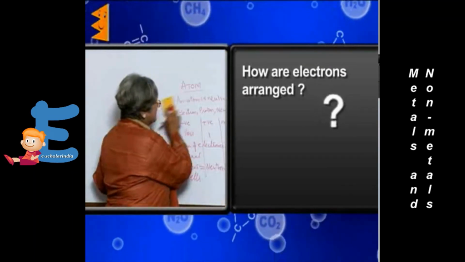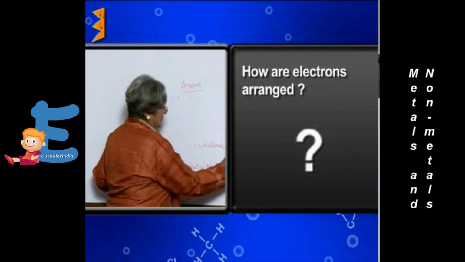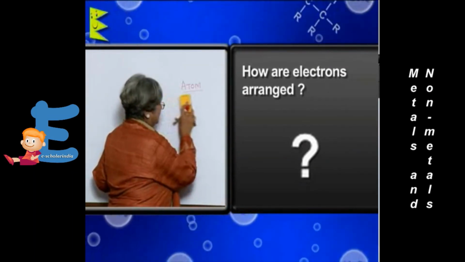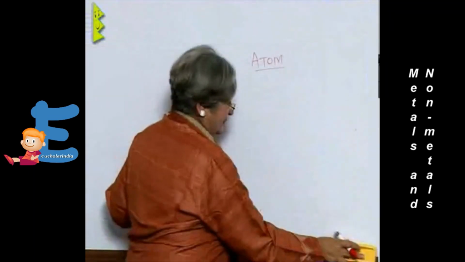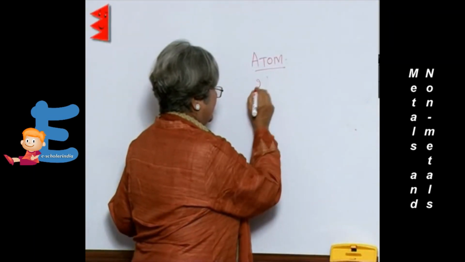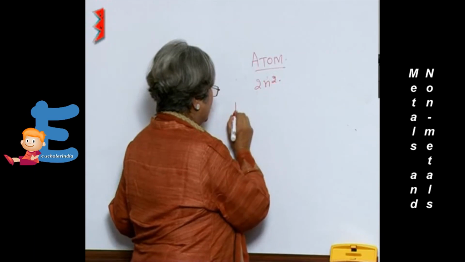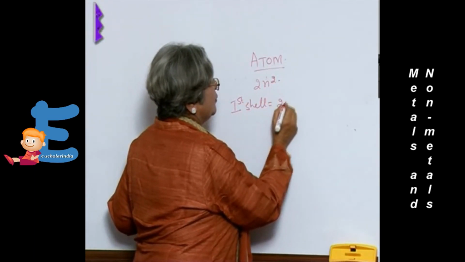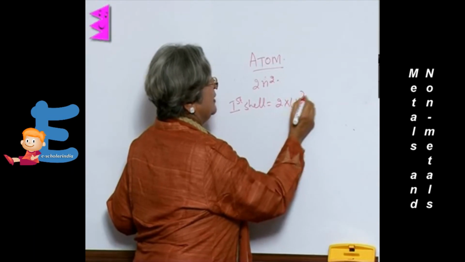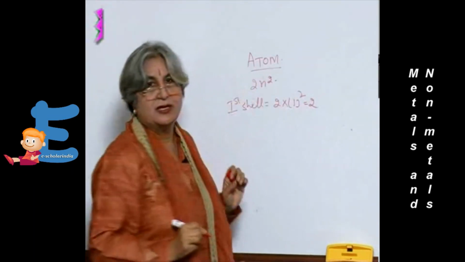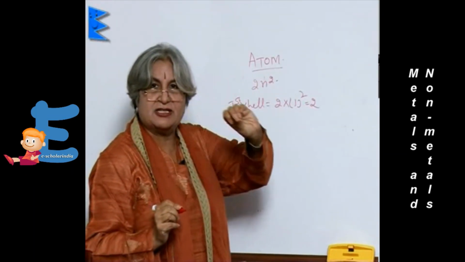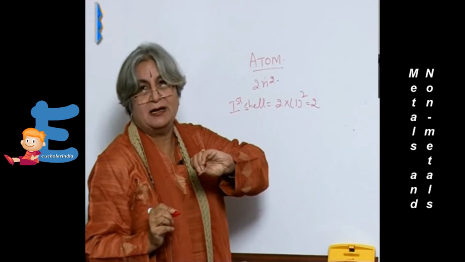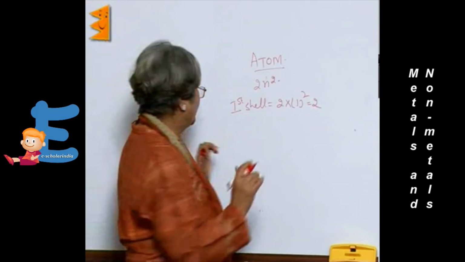For this there is a simple formula, 2n square. Which means first shell will have 2 into 1 whole square, that is 2 electrons. Which means every time the first shell, that is called K shell, will have 2 electrons.